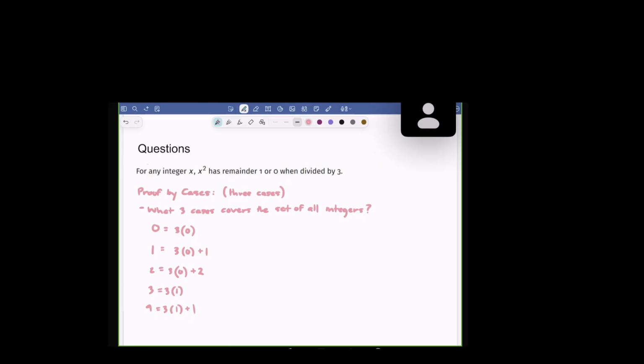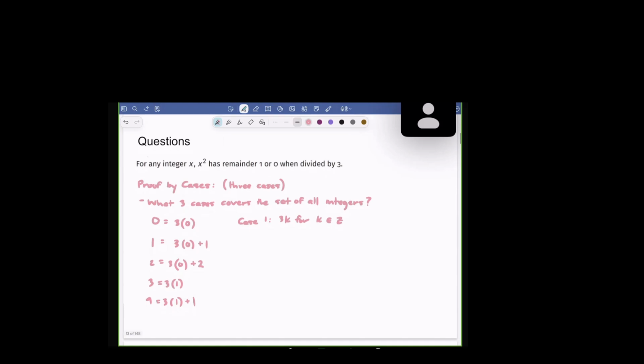So here, my hint was you want to tackle this with a proof by cases, and there are 3 cases here. Every integer you could write in a certain representation. Case 1, it could be represented by 3k for some k in the set of integers.